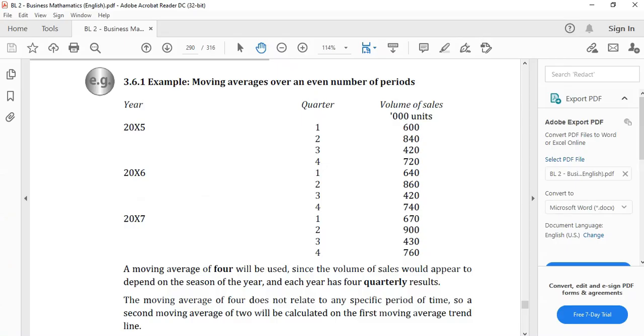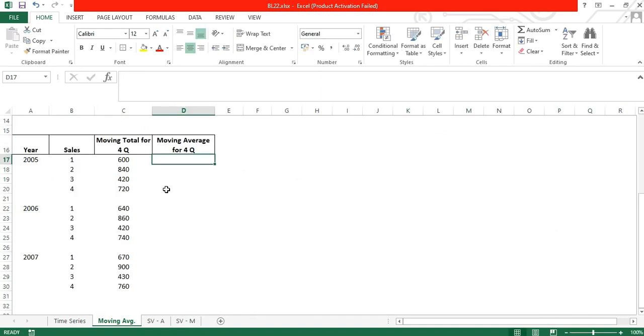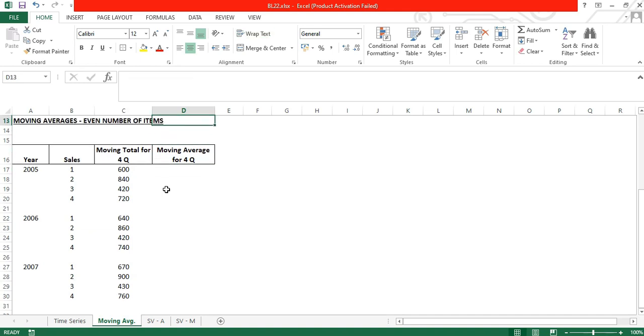Let me fill out the question. Okay, now I have filled up the question as given. Let's now work out the moving average for an even number of items.